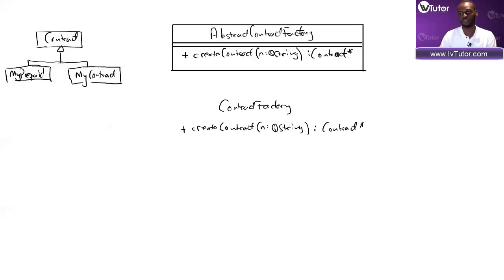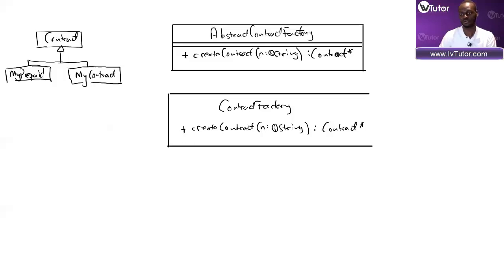But this one now is the concrete class, right? So this would be sitting right below it with our function in here. There we go. And obviously we have no data members in our factory. We just have that one function.